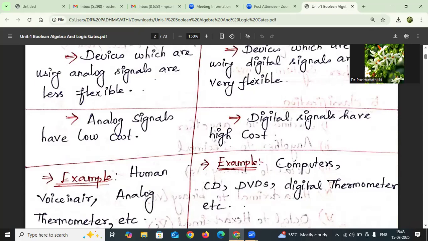Whereas digital devices are highly flexible due to the noise immunity feature. And digital signals have a high cost, but analog signals have a low cost.